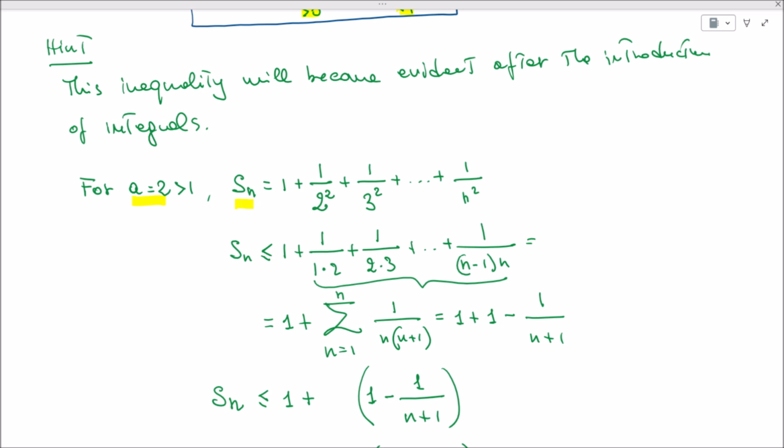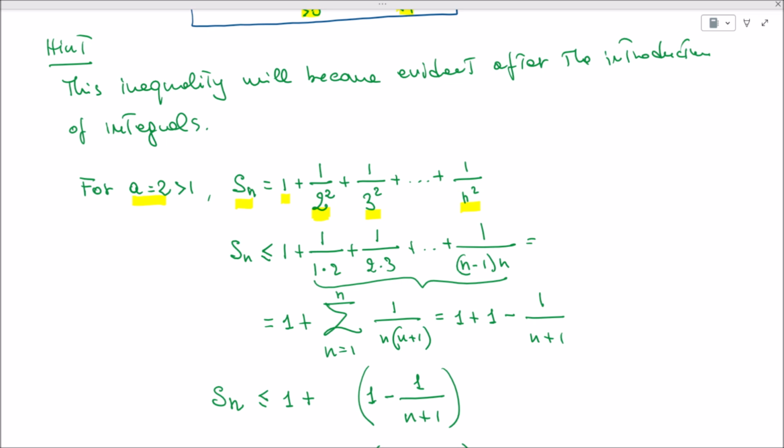So in that case, we have that Sn is equal to 1 plus 1 over 2 to the second plus 1 over 3 to the second plus dot dot dot plus 1 over n to the square. Okay, so this is the sum of the first n terms of the sequence. Now let's have a look at this element here, 1 over 2 to the square. We want to build a bound for Sn, so we want to replace these terms with larger terms.